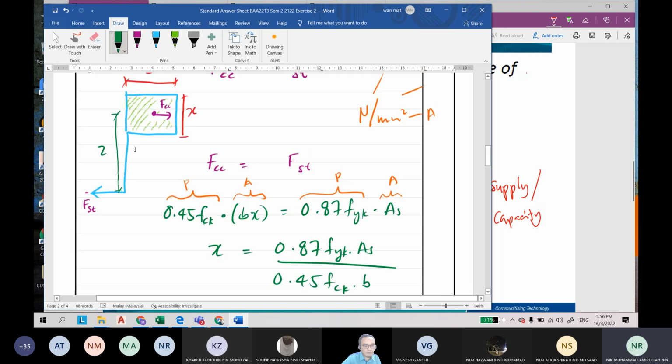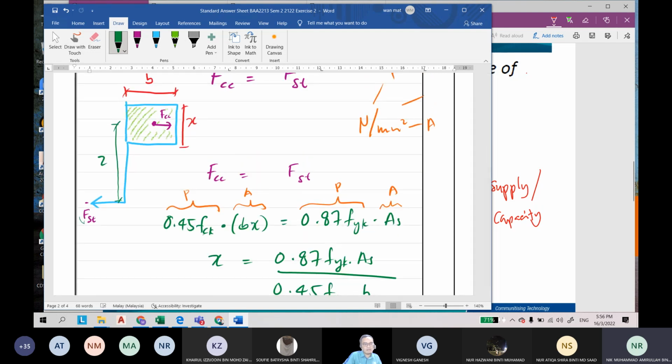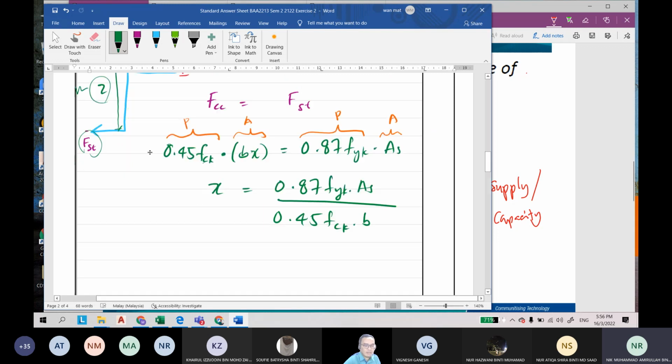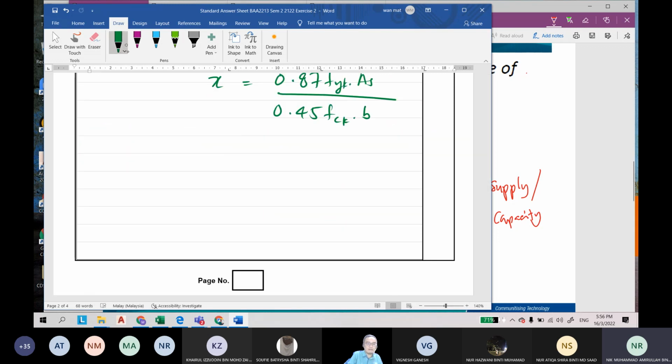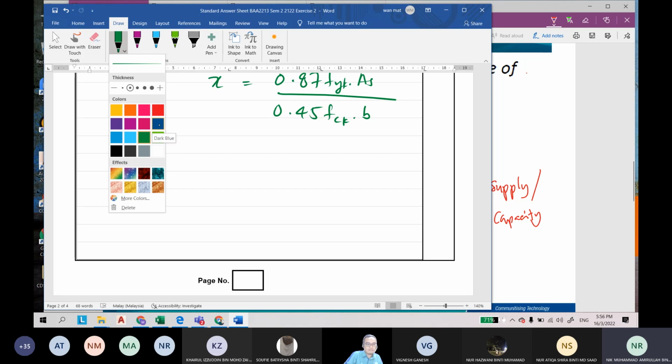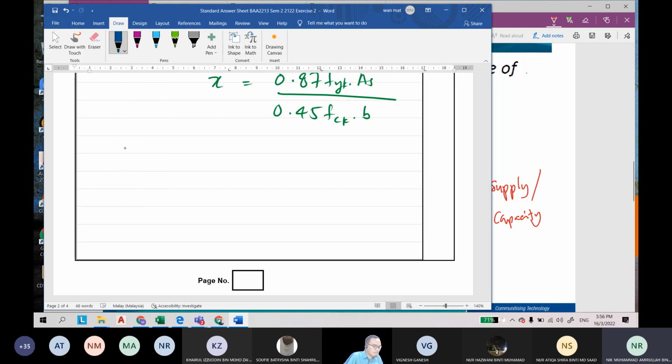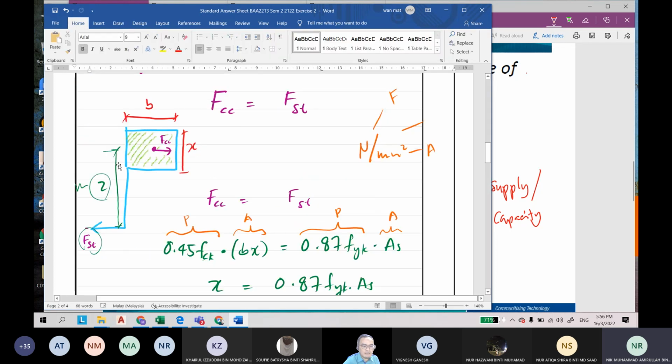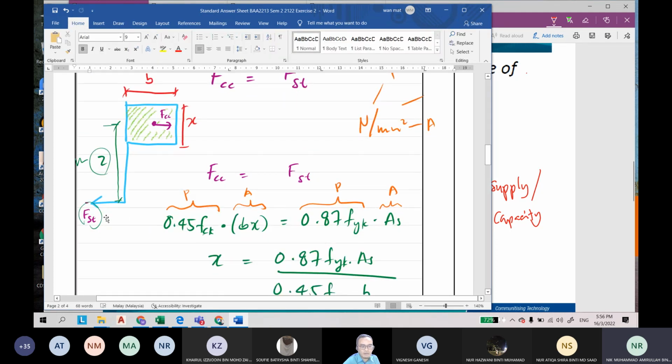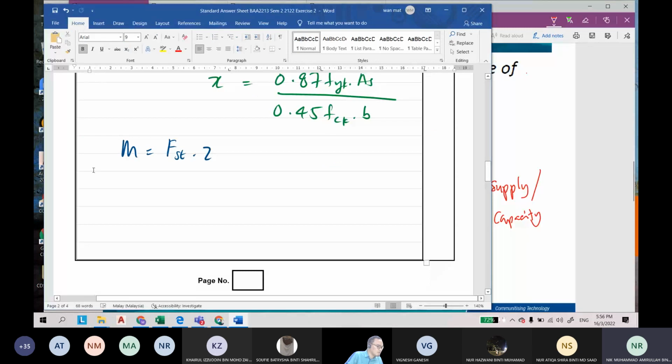We want to find the moment around here: FST times the Z, so we can get the moment. Moment capacity means moment is equal to FST times Z. Z is here. You can refer to the previous notes.